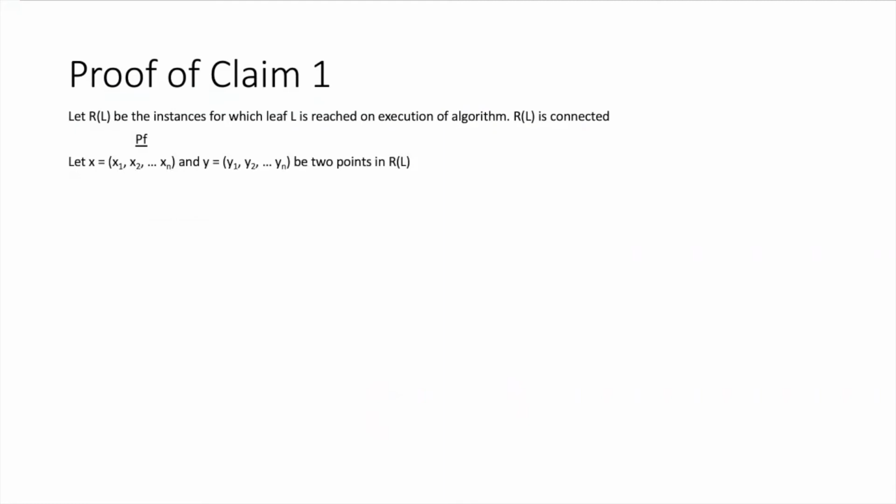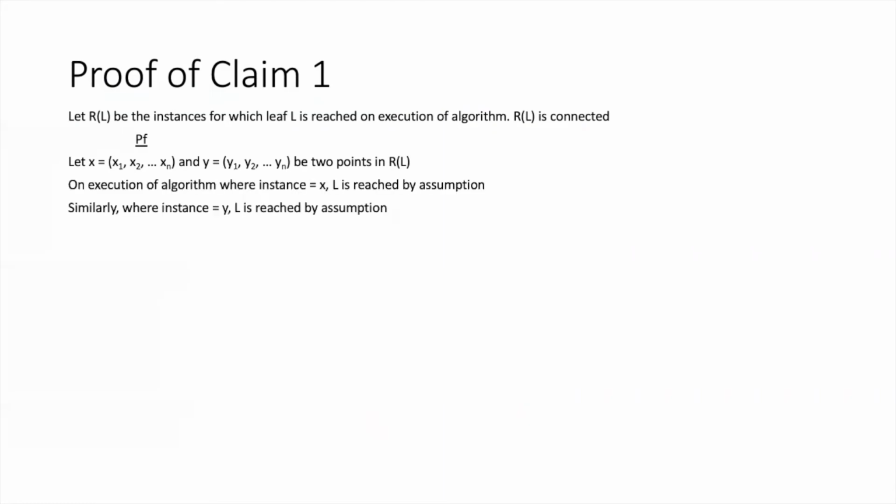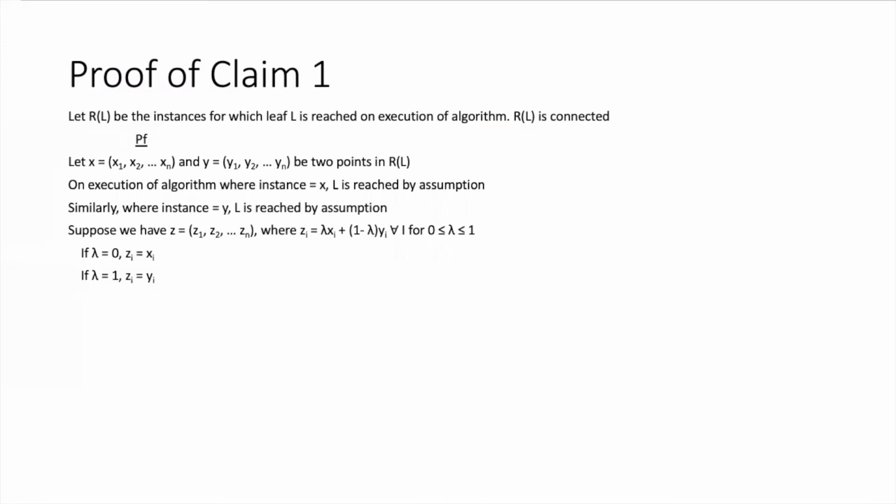So we let x be an n-dimensional vector and let y be another n-dimensional vector, and let them be 2 points that exist in the region of the leaf L. On the execution of the algorithm, x is going to reach L by assumption, and similarly y is going to reach L by assumption, because they're 2 points in the region of L. So suppose we have a z where we define zi as lambda xi plus 1 minus lambda yi, for all i, where lambda is bounded between 0 and 1.